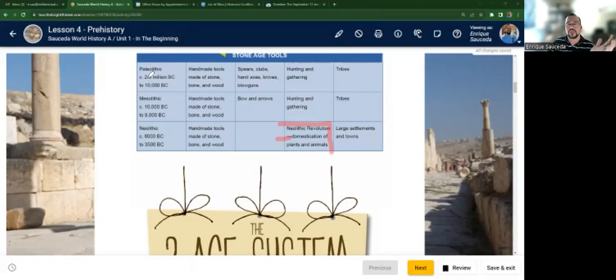Thank you, cows, for hamburgers and steaks and ribs and all that good stuff. Bacon, pigs, chickens, eggs, and then we have plants and animals. So people start to settle and farm. The more food you can produce, the bigger your civilization gets, and the more your people get to develop society, not so much on just living anymore. My job isn't just to hunt and gather, but now someone else can hunt and gather while I do another specific task. That is the Neolithic Revolution.